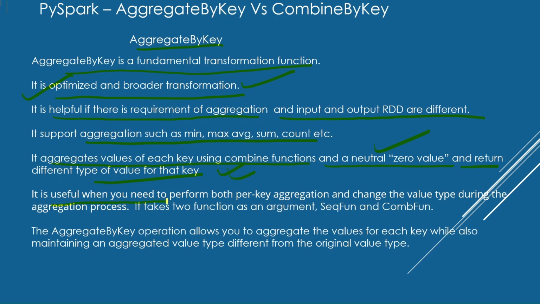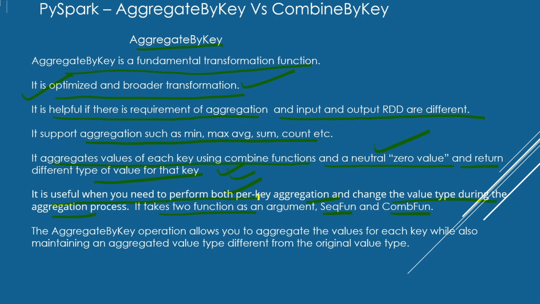It is useful when you need to perform per key aggregation and change the value type during the aggregation process. It takes two arguments, a sequence function and a combine function. If you want to perform aggregation at the per key level and change the return type, that scenario can be achieved with aggregate by key.